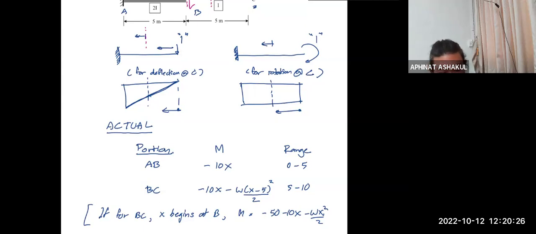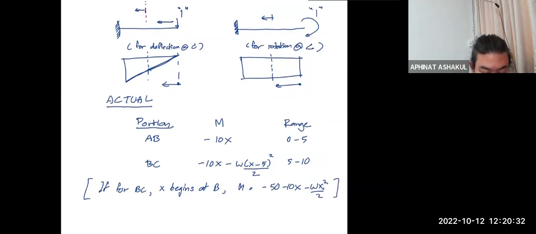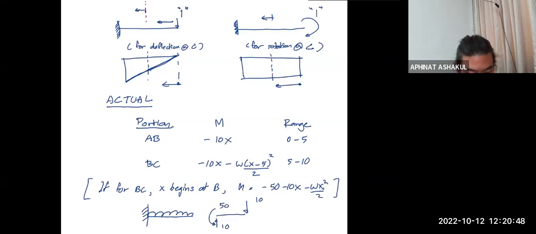But I don't need to write the free body diagram. Perhaps you do, because let me demonstrate. If I cut this free body diagram at B, then you have that, right? That's 10. So here is 10, and that's 50. Right? So here you have minus 50 or 50, and then you have 10, and then your x begins from there. That's why you got that.